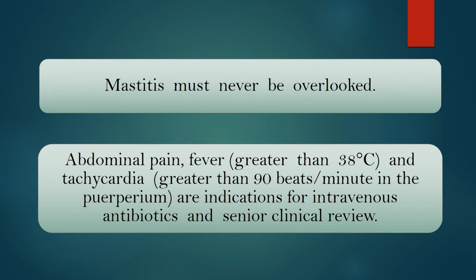Mastitis must never be overlooked. Abdominal pain, fever greater than 38 degrees Celsius, and tachycardia greater than 90 beats per minute in the puerperium are indications for intravenous antibiotics and senior clinical review.